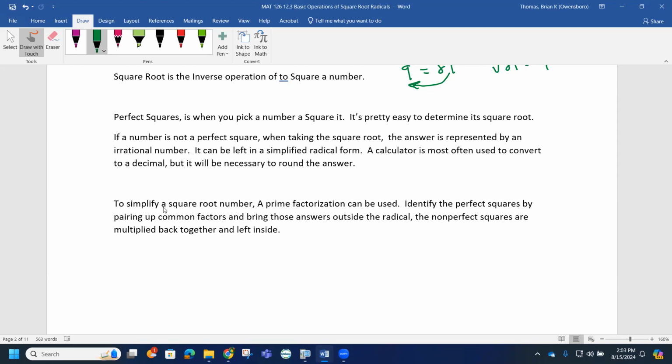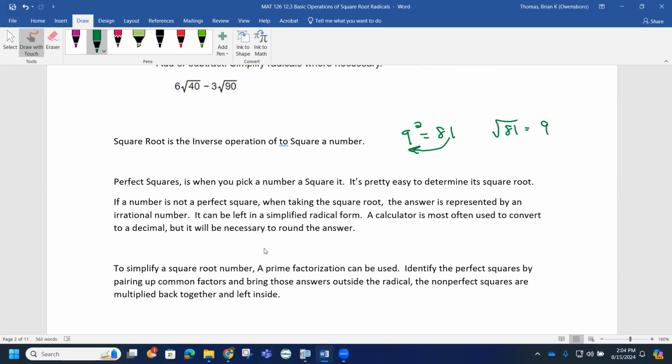What they want us to do here is simplify a square root. One strategy is to do a prime factorization, identify the perfect squares, pair up those common factors, and bring those outside the radical. The non-perfect squares are multiplied back together and left inside.